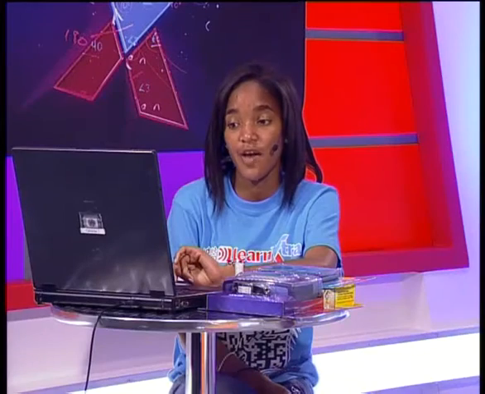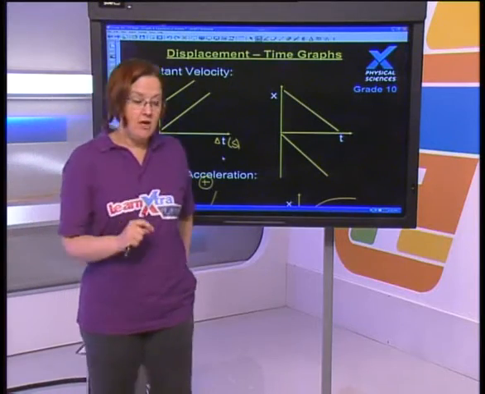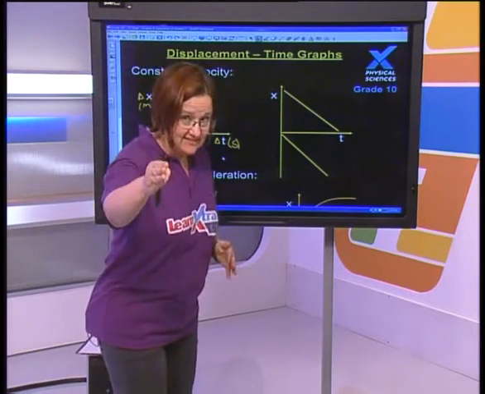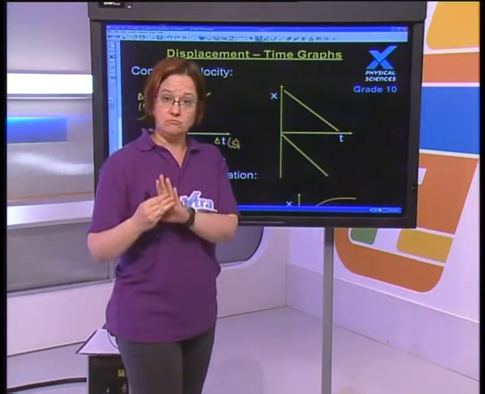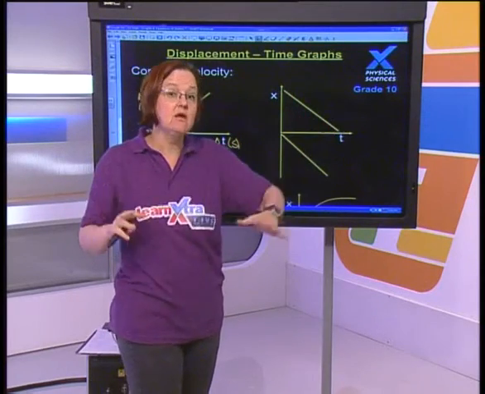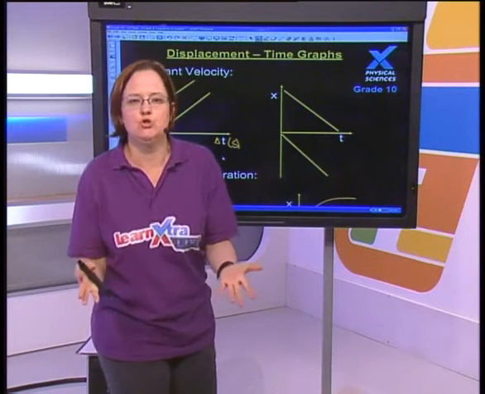Then we have another one by Nsako. What is the difference between velocity and displacement? Displacement is the straight line distance in a certain direction from the beginning point to the end point of a motion. So it's a distance, it's in meters. Velocity is how fast you do that.